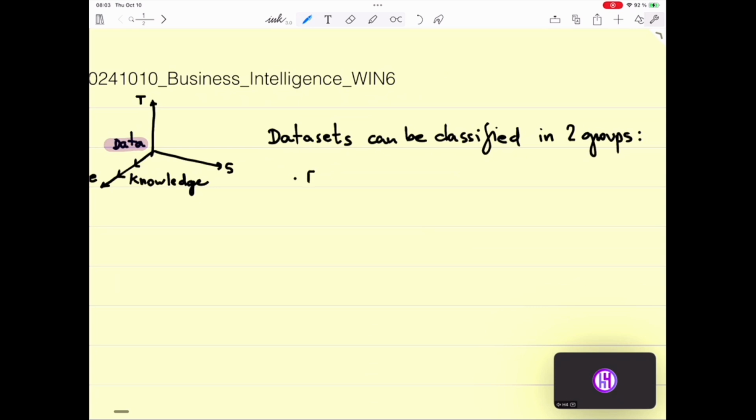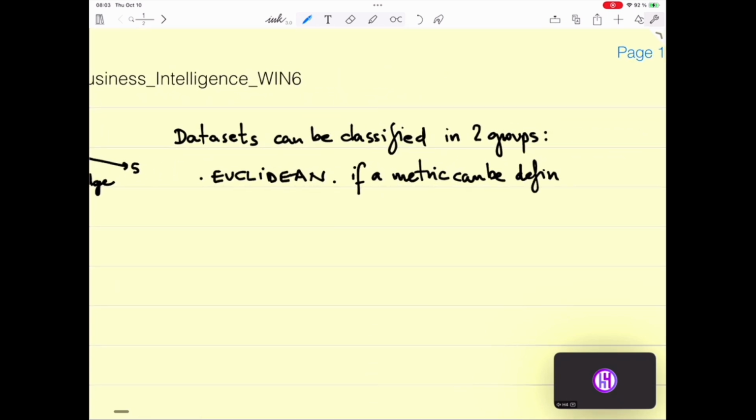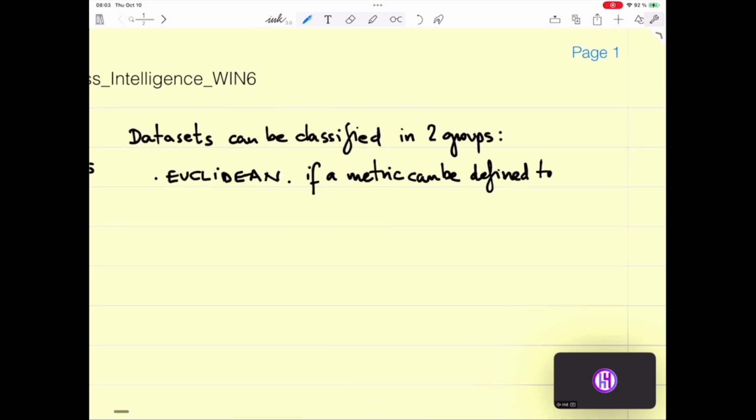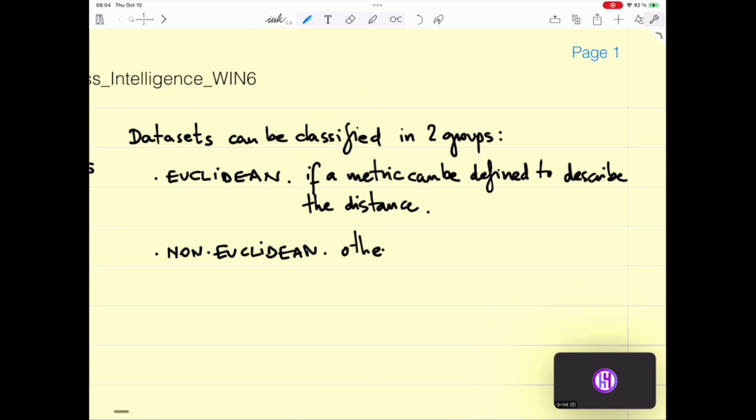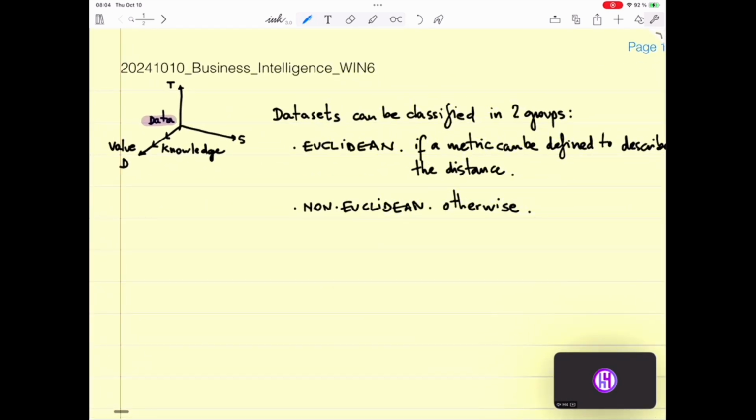Data sets can be Euclidean, if a metric can be defined to measure or to describe the distance, and non-Euclidean if no metric can be defined. So all other data are non-Euclidean. Examples of data sets that are Euclidean.